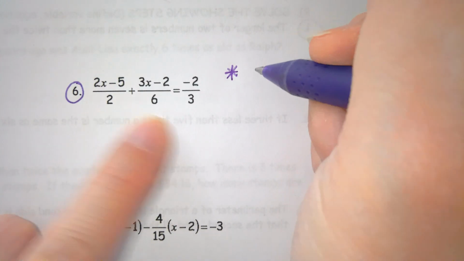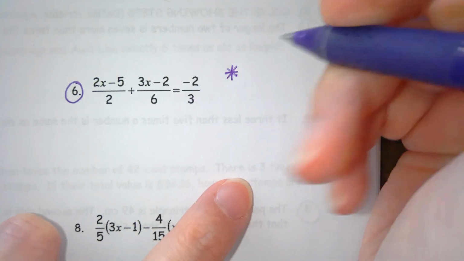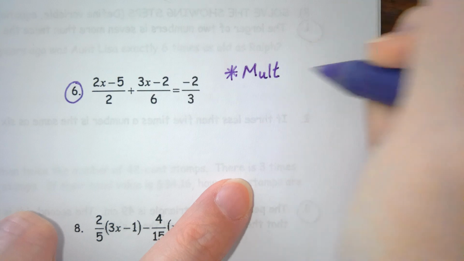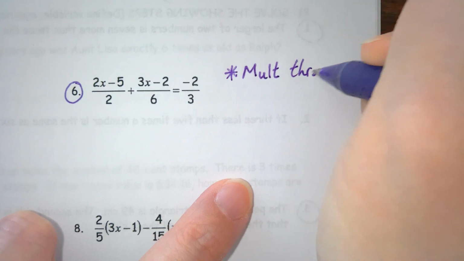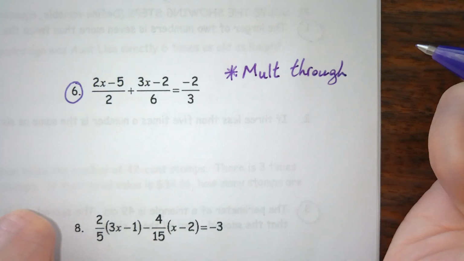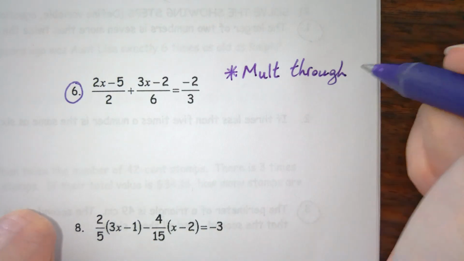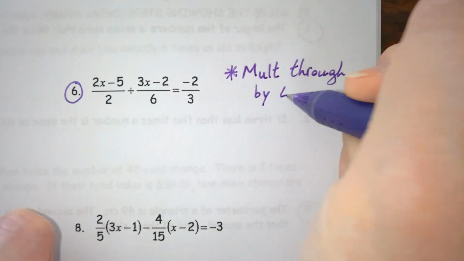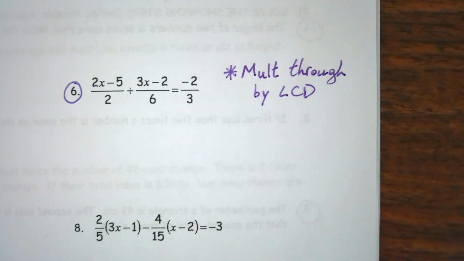So to get rid of the fraction, what you want to do is multiply through by LCD. Did I spell it right? Alright.